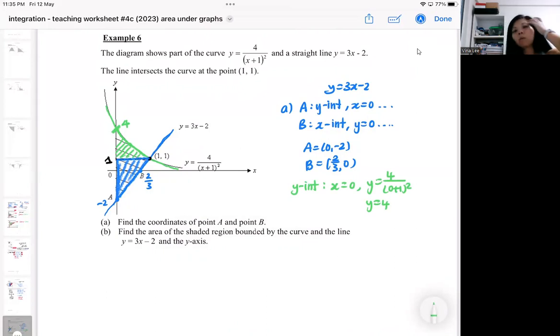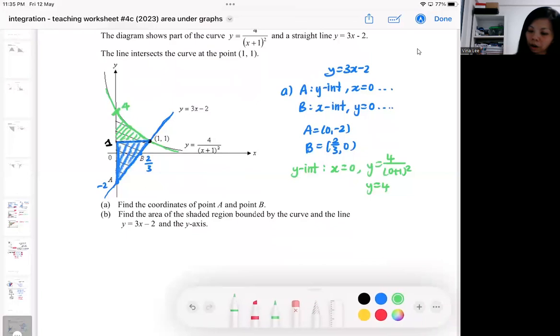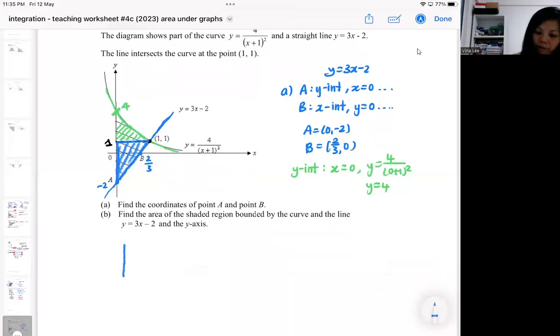For the blue one, it is a nice triangle. I think it will be much easier if we do half times base times height. So how am I going to find the triangle? Half times, this one is 3 units, base times height.